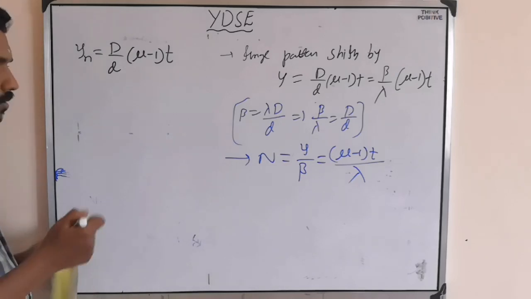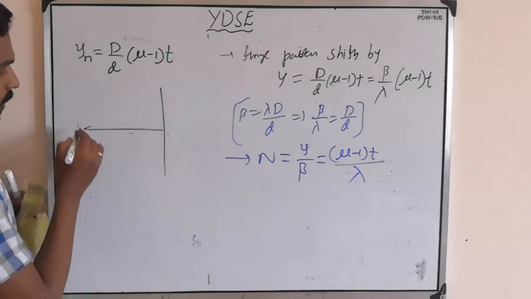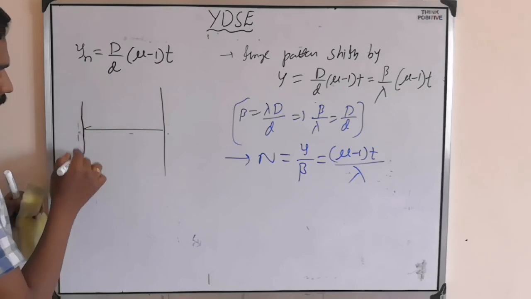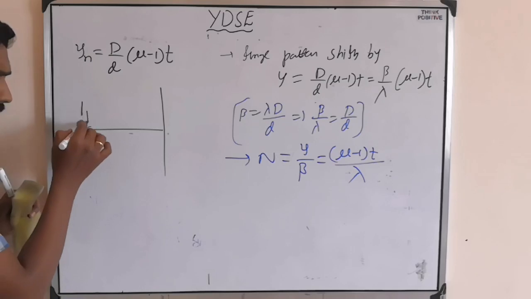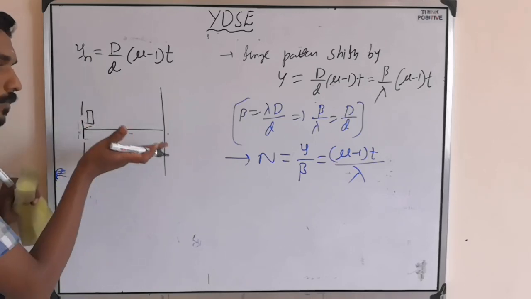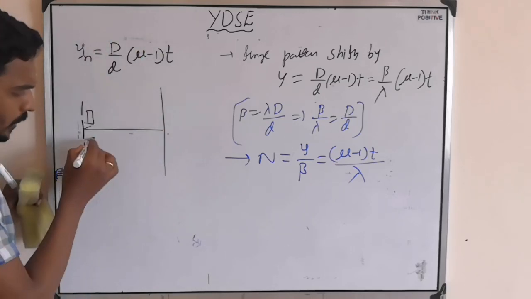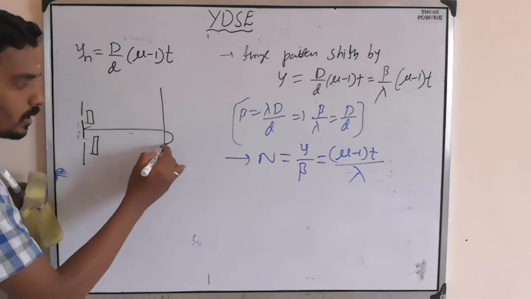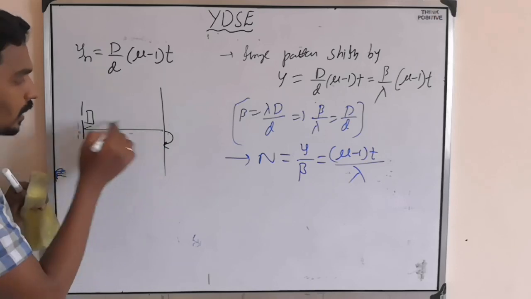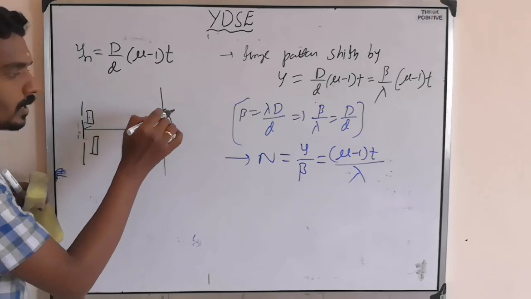And one more thing they will ask, like if this is one slit, this is one slit. If you introduce it here, then the shift is upward. If you introduce it for S2, the shift is downward.